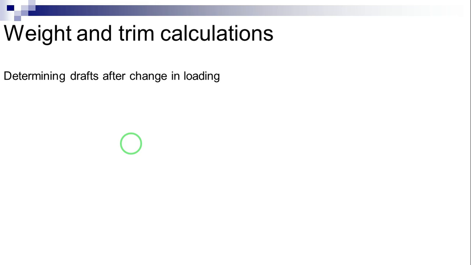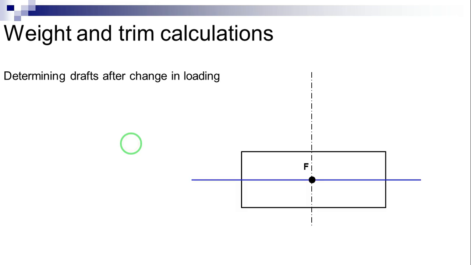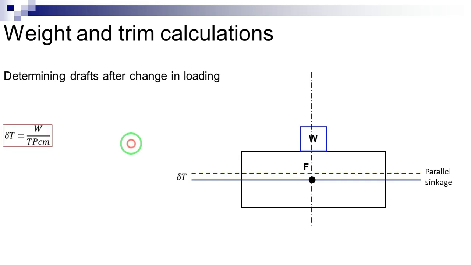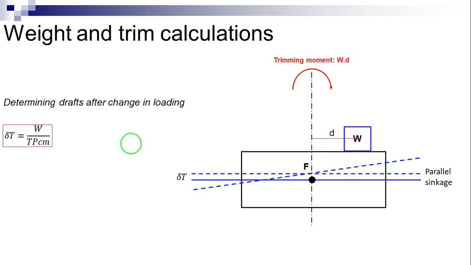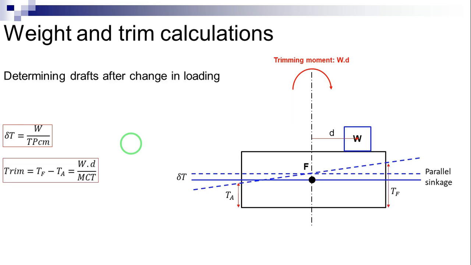Then, making use of the fact that if a weight is added at the center of flotation, there is no change in trim, it is assumed that the equivalent item is added at the longitudinal position of the center of flotation. This would change the draft by an amount equal to the added weight divided by the tons per centimeter immersion at each end of the ship, which is generally called the parallel sinkage.